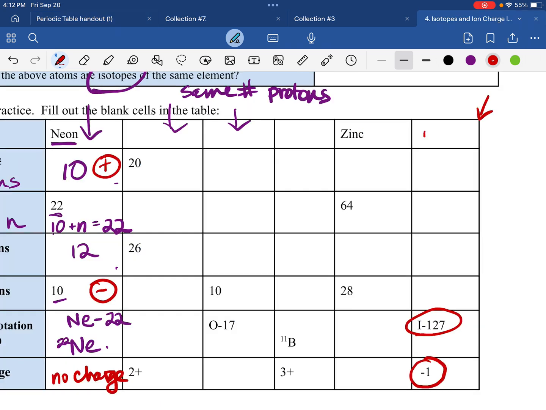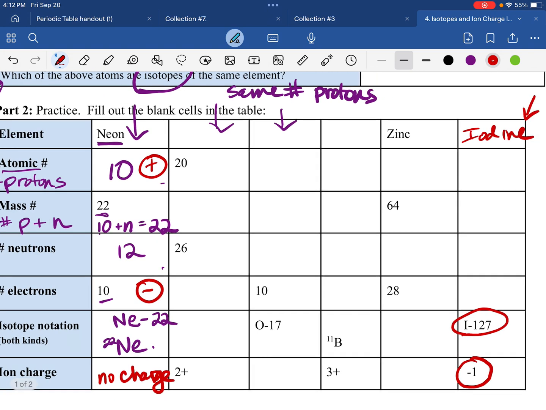Let's write that in. So we know it's iodine. And we know the atomic number is 53. And the mass number is 127 from here. So we can say I-127. We can also write it like that.